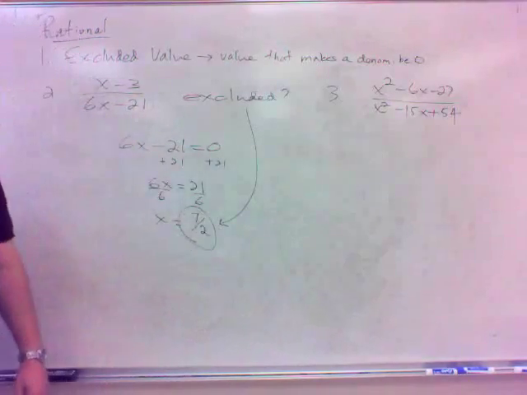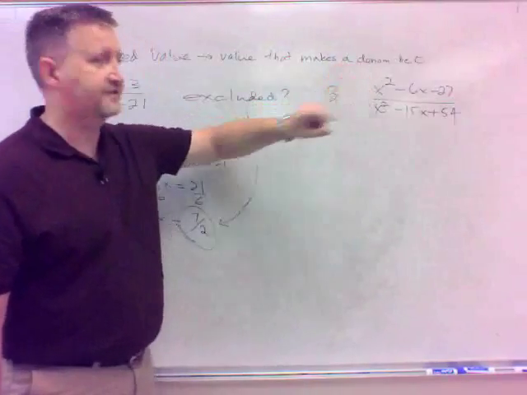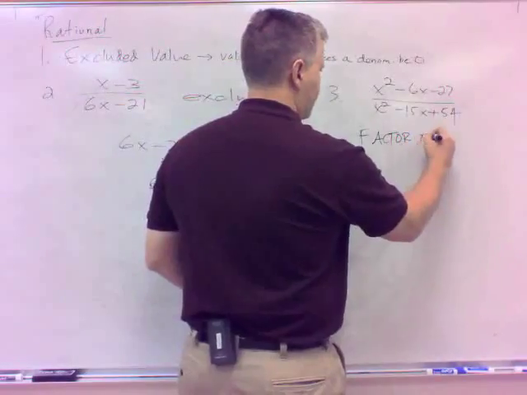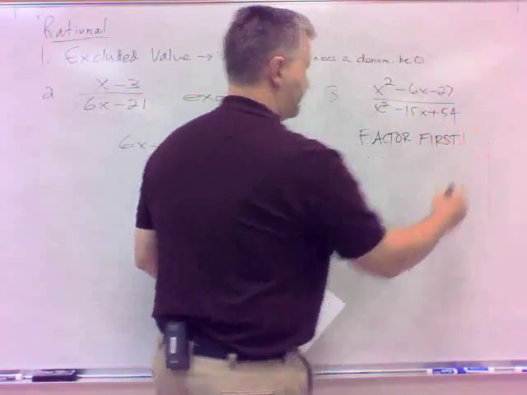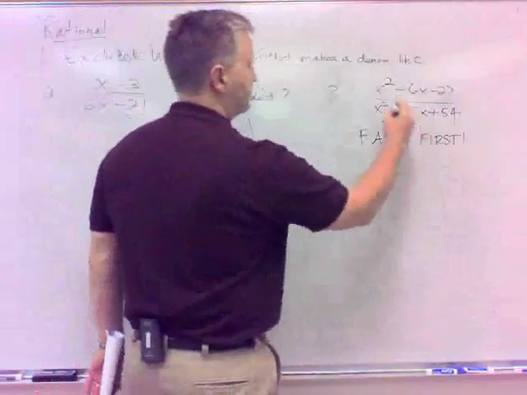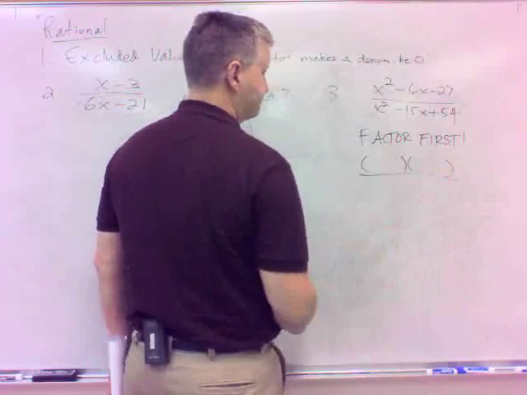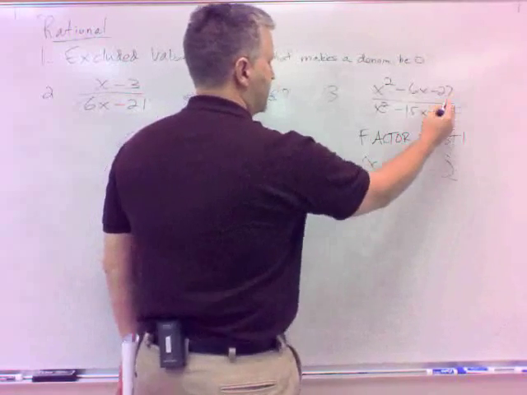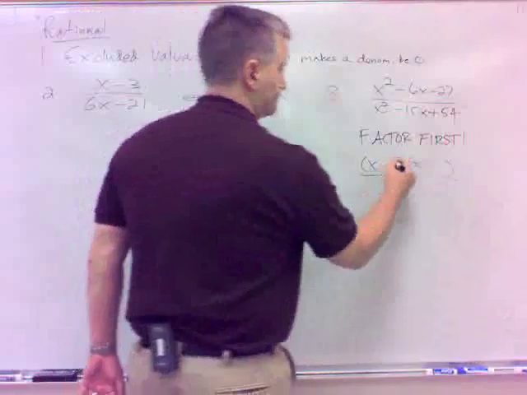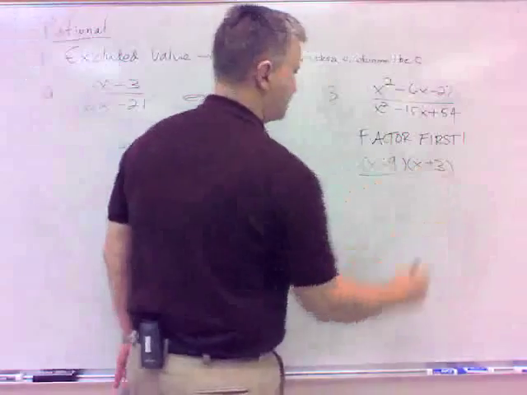When you're simplifying these, if you've got something that factors, factor first. So I can factor my numerator, x squared minus 6x minus 27, do a little trinomial factoring there. 2 binomials, x and x. Minus 27, 9 and 3. With minus 6, so that's going to be a minus and a plus.